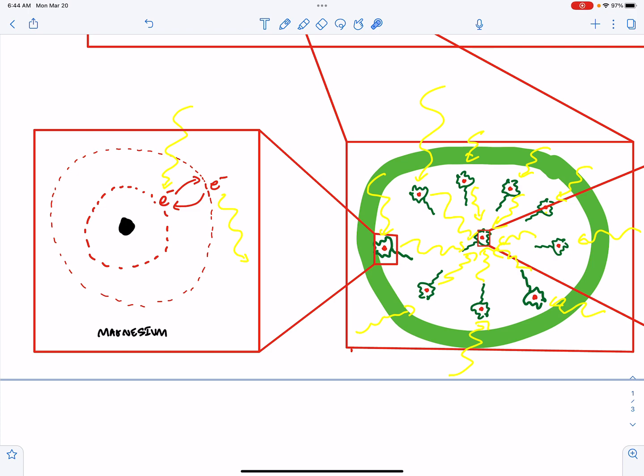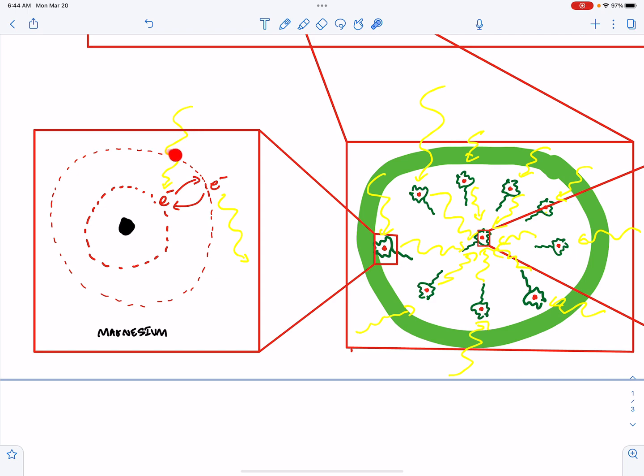And there's also an interesting phenomenon with electrons where you have electrons that are in orbitals around the nucleus of an atom, right? And if a wave of light hits an electron, the electron is going to absorb that wave of light, and it's going to jump up to a higher energy state. The higher energy state that it jumps up to is exactly proportional to the energy of this wave of light.